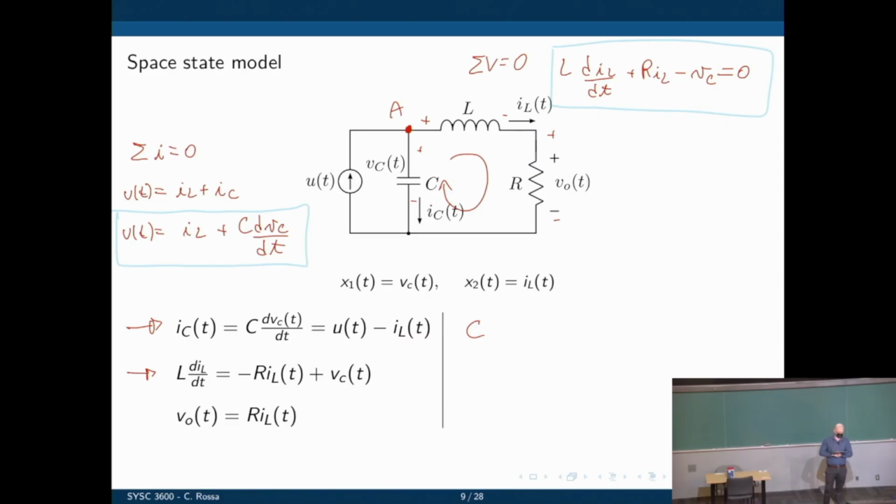So it has to be x1 dot. Very good. x1 dot is equal to u of t, that's the input, that doesn't change, minus IL, which is another state, and it is precisely x2.